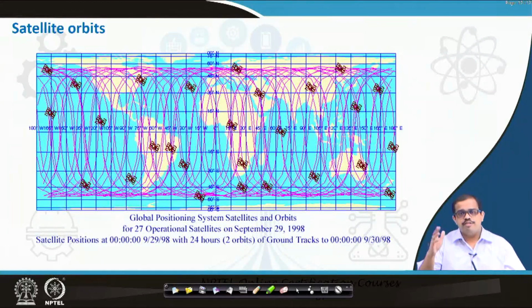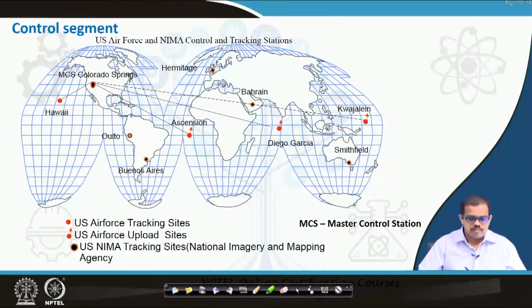You can either use certain ground control stations, or use a DGPS for corrections, or use many other systems that are available now. We will discuss all of these in my next slides, but at any point on the surface, at least 4 signals should be available. Okay.